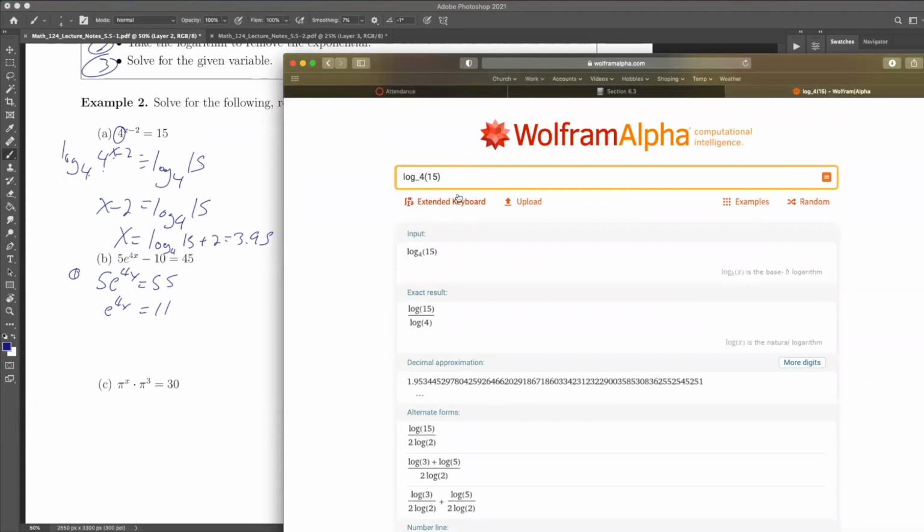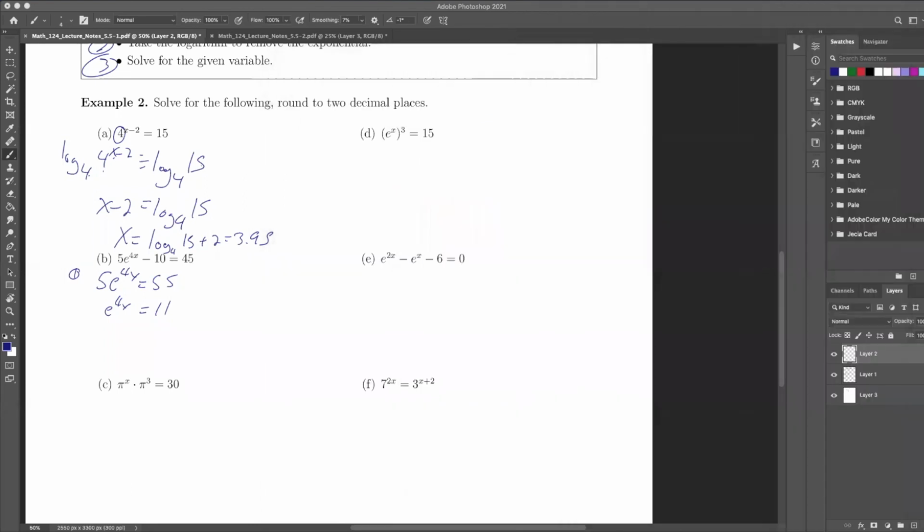So we crunch this number in the calculator, we get 1.95, and then we just add 2 to it, since x minus 2 equals log base 4 of 15. So I add 2 to it, and then I get 3.95. Does that make sense how I got that? Okay, yeah. So log base of a number to a number is a number. You just don't know what that number is until you crunch it in a calculator.